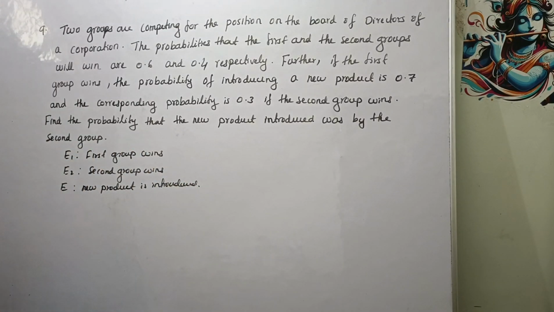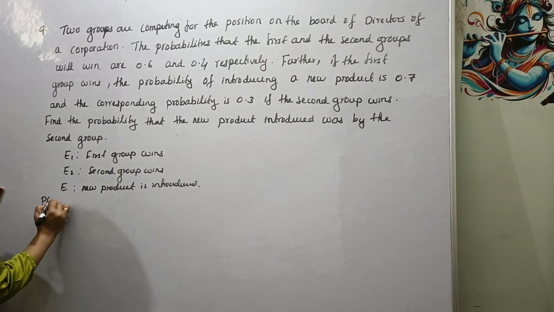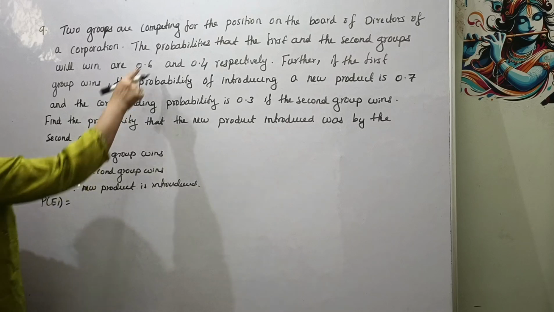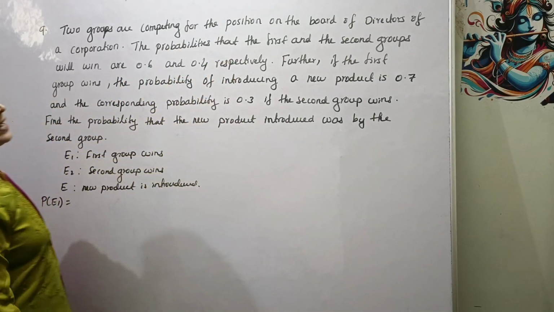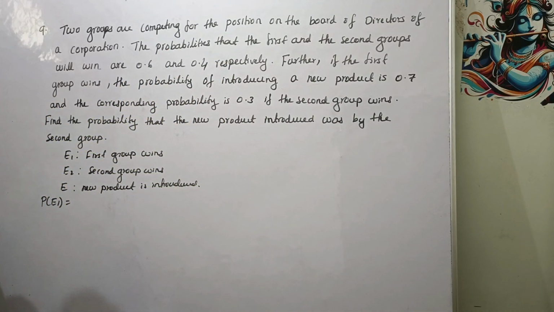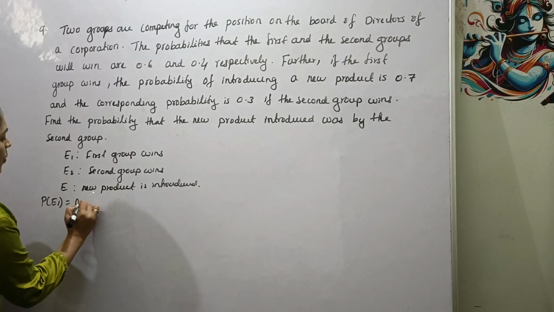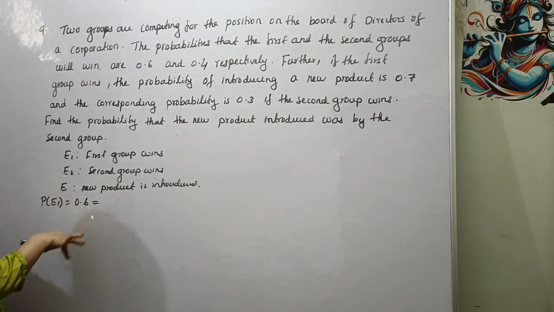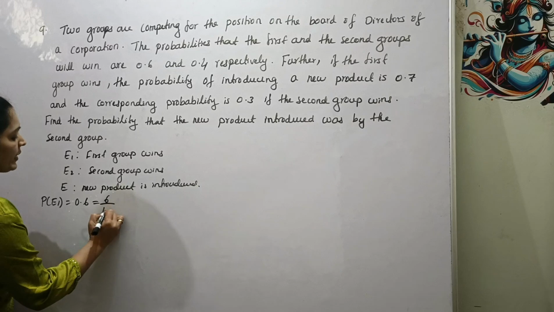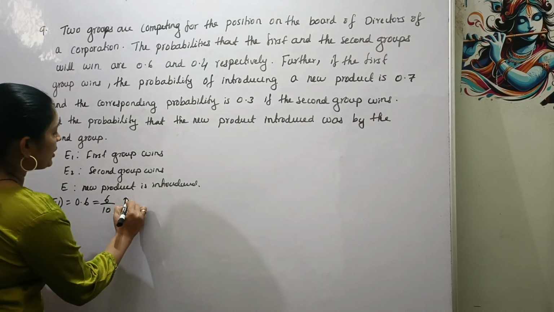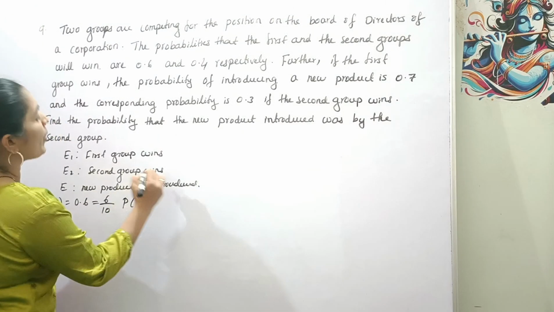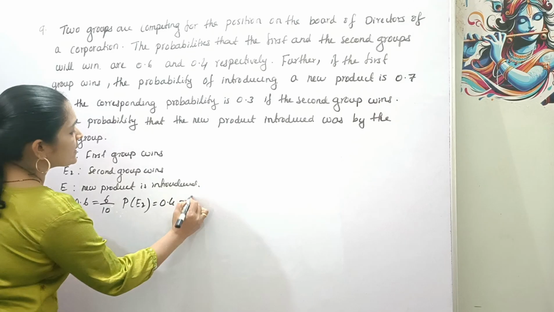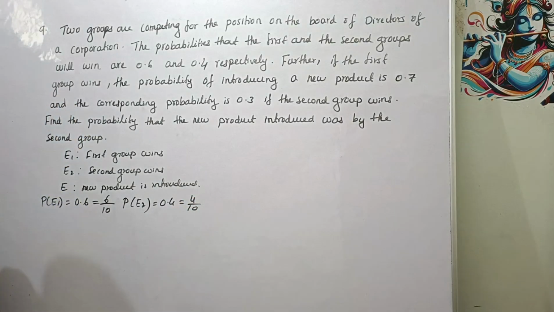Now, what is probability of E1? It is given: 0.6, or we can write it as a fraction, 6 by 10. Probability of E2 is 0.4, that is 4 by 10.